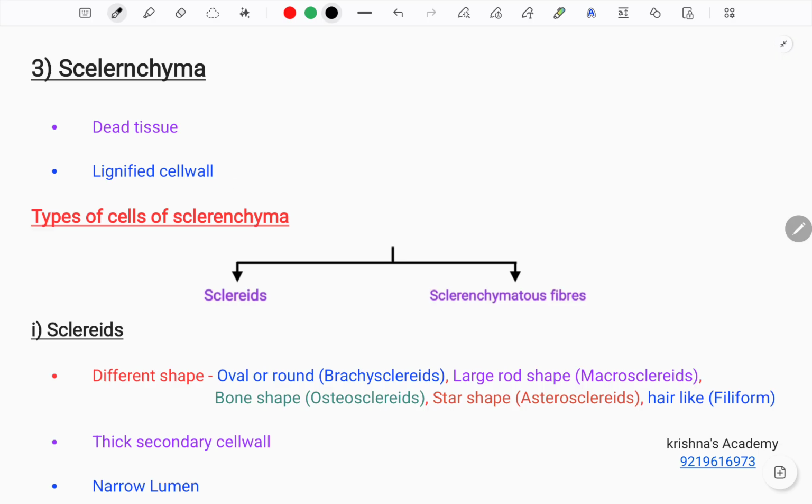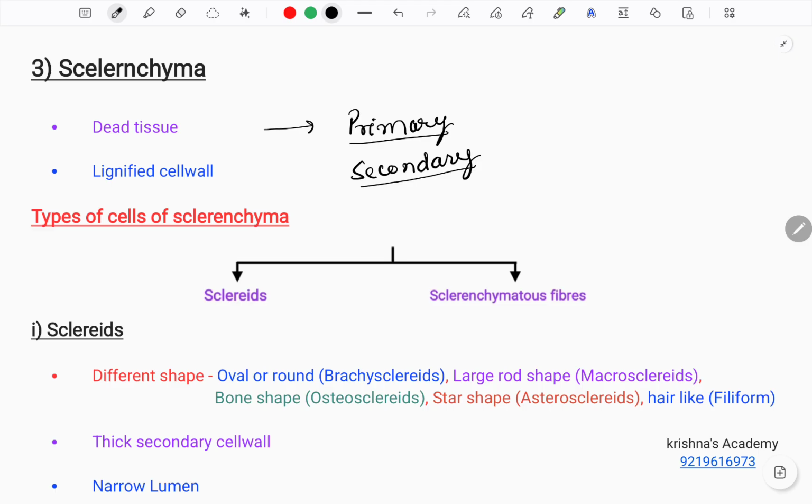It means in sclerenchyma, two different wall layers are present. The first one is primary, which is made up of cellulose, and the second is called the secondary cell wall, which is made up mainly of lignin. And whenever the lignin gets deposited, the cell becomes impervious to water and finally dies.